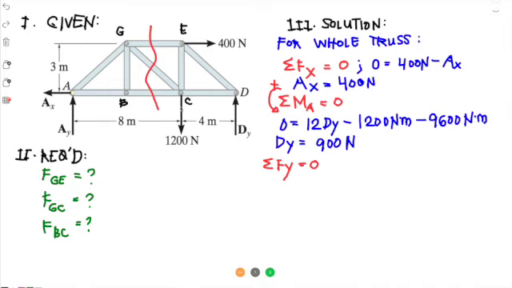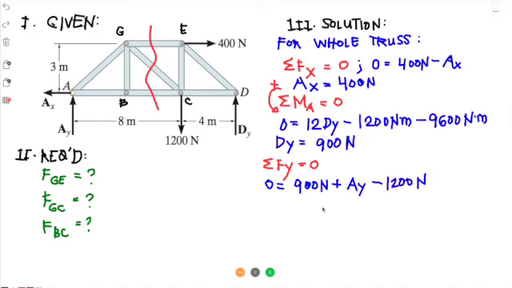So we have three forces. We have DY going up, so 0 is equal to DY, or 900 newtons going up, that's positive. We have AY, that's also going up according to our assumption. And we have a force 1200 newtons going down. And that's all our y components.